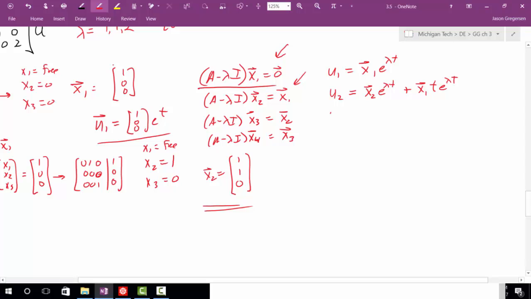If I looked at the third solution, if I needed a third eigenvector, I use this equation to generate the third generalized eigenvector, that third solution would look like this: x3 e to the lambda t, x2 t e to the lambda t, x1 t squared over 2 e to the lambda t.